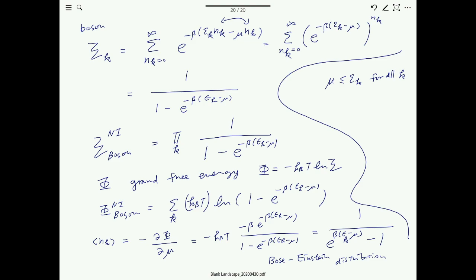If you look at the formula, this tells you that the occupation number can go from 0 to infinity. Now they have this important minus 1 factor. On the other hand, for fermions it's very different. Your n_k can only be 0 or 1.